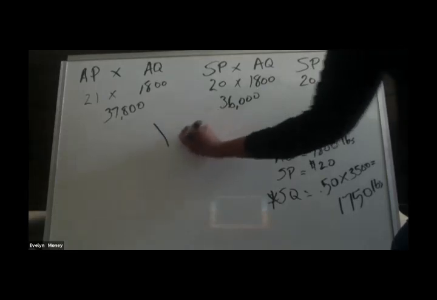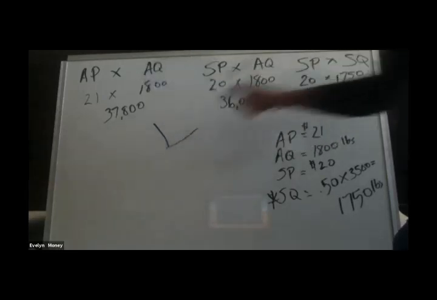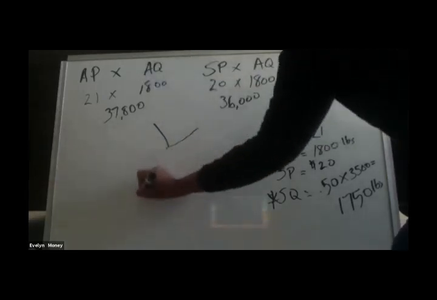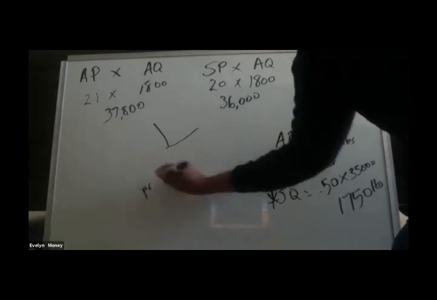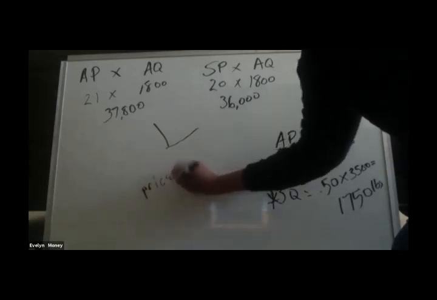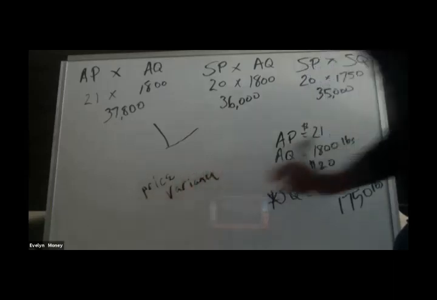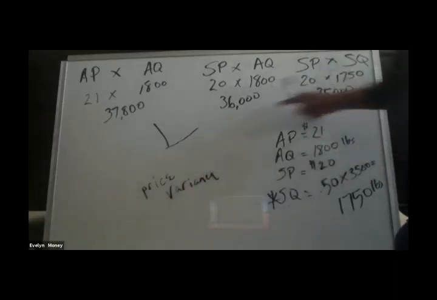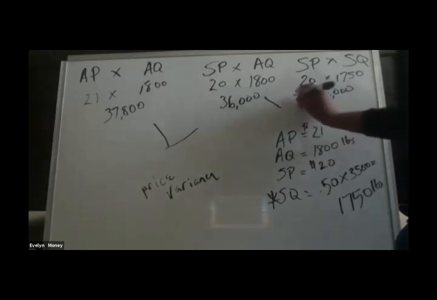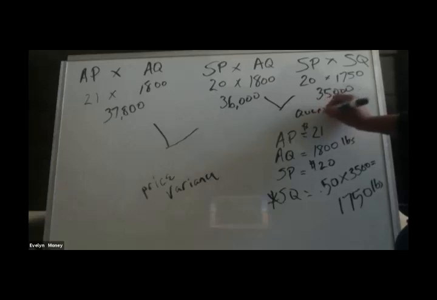The difference between these two numbers gives me what is known as the price variance. The difference between these two numbers, and I wrote my legend up too high here, gives me what's known as the quantity variance.